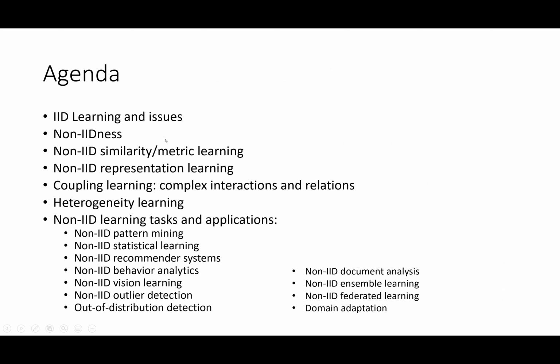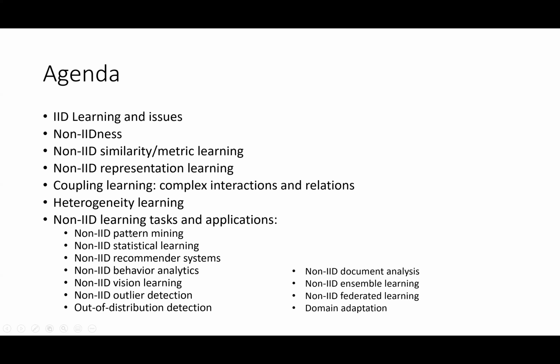Today's agenda: I mainly focus on some of the key concepts related to IID learning in the classical domain, and then explain the concept of non-IIDness, and briefly introduce some of the recent techniques developed for non-IID similarity learning, metric learning, representation learning, learning interactions and relations, what I broadly call coupling, and learning heterogeneities.